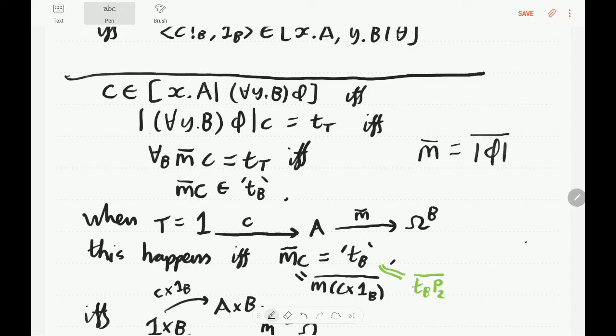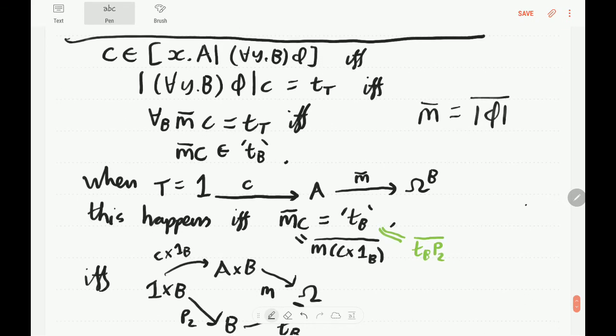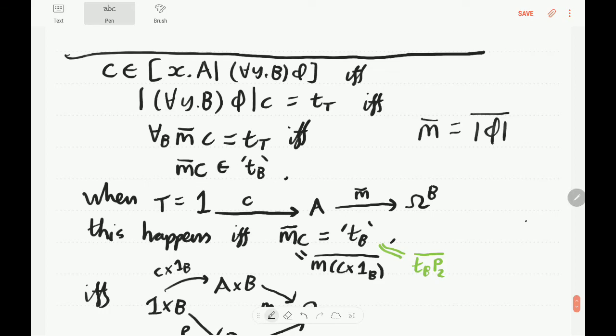So for all B after transpose M after C gives true, and that happens if and only if, since this is a classifying arrow of a name of TB, transpose of M after C is in the name of TB.